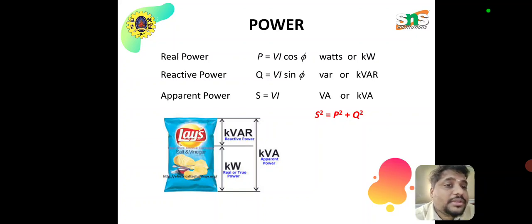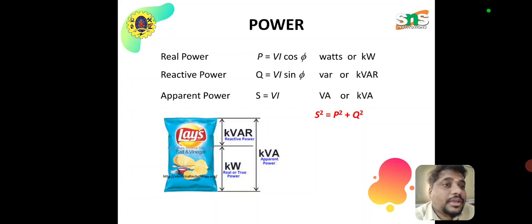The real potato is directly represented as kW, that is real or true power. The total, including air as well as potato combined together, forms the total Lay's packet, that is kVA, apparent power. So this is a basic example of apparent power, reactive power and real power.